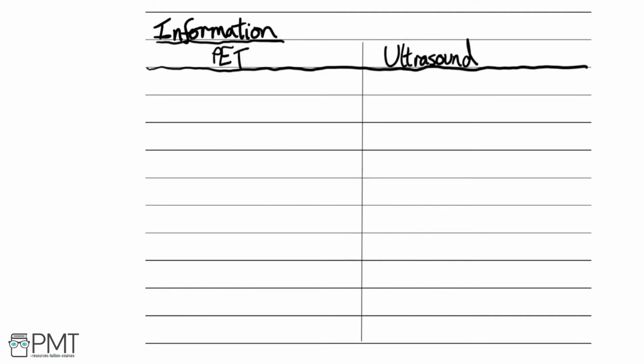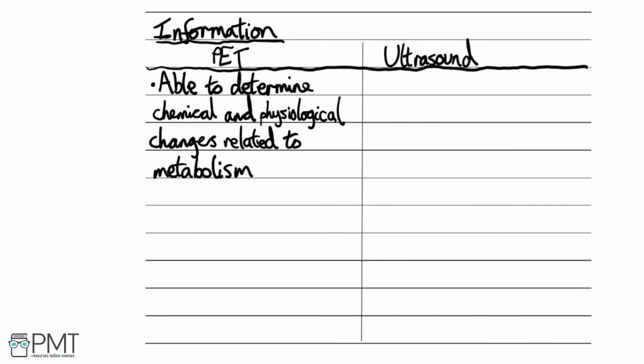We can actually tell which parts of the body use certain chemicals at certain times because we can use different radio-labeled chemicals. So an example of that could be if you were to use radio-labeled glucose, you could put that into the bloodstream, and then something like the thyroid, which uses glucose, you could determine sort of healthy function or unhealthy function based on that.